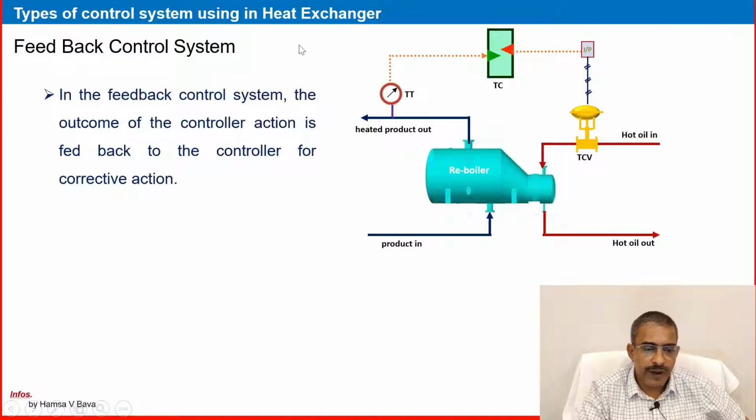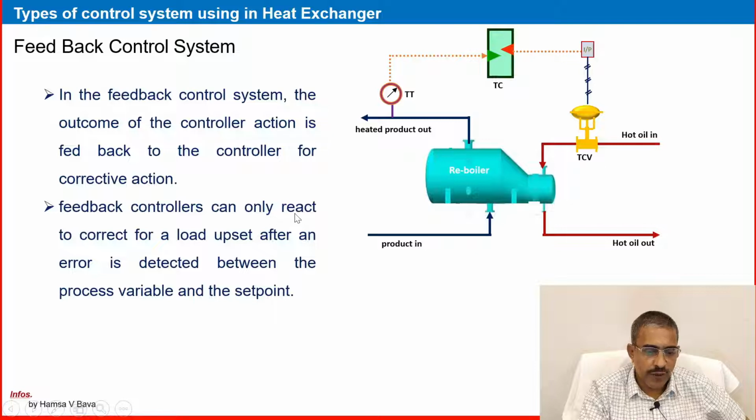The feedback control system is a simple control loop. In a feedback control system, the outcome of the controller action is fed back to the controller for corrective action.